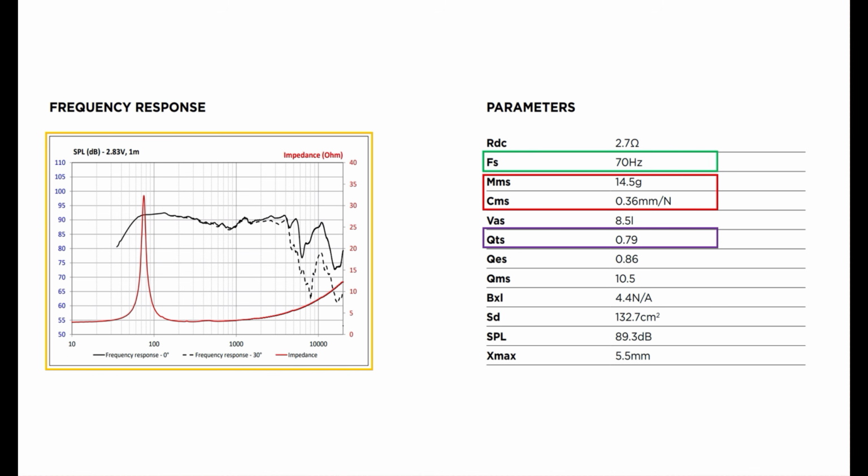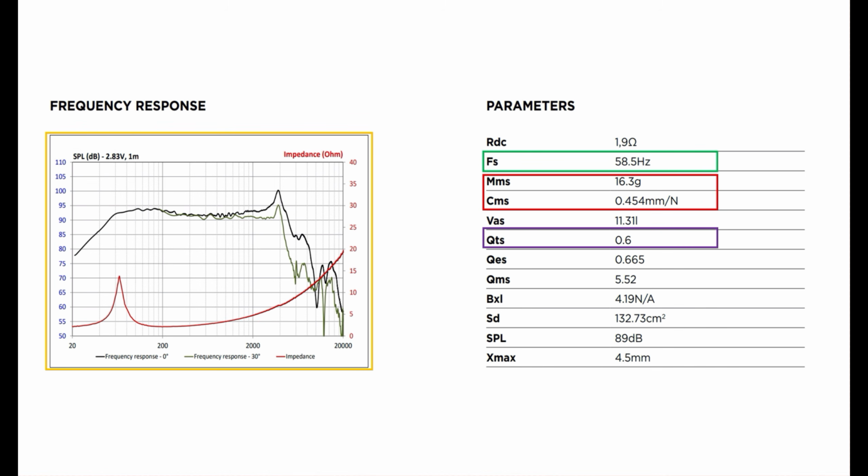Okay, so let's have a look at speaker B. In this example, it has a higher moving mass, right, and a slightly stiffer suspension. So that means that the FS value will be lower, but the damping level is higher, so that means the curve will be wider and shorter. And that's exactly what we see here in this technical sheet.